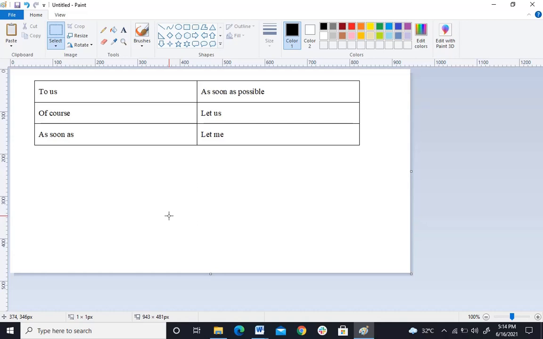They are not treated as regular. Tignan natin kung bakit sila tinatawag na special. So, to us. Ano yung special dyan? Kapag ka gagawin mo yung to us as a regular, magiging to, and then, us. Pero since it's a special phrase, ang mangyayari na eliminate yung isang a to make it to as.